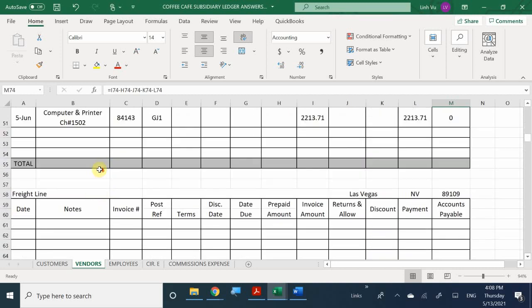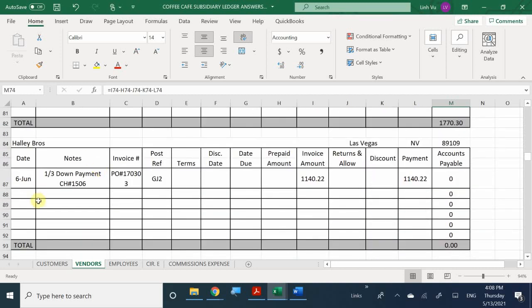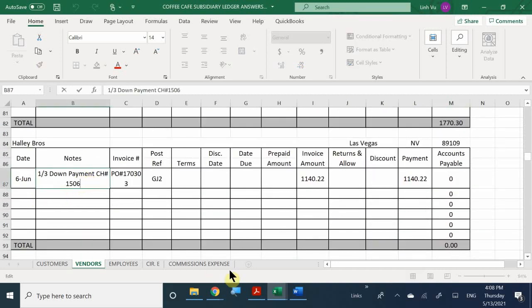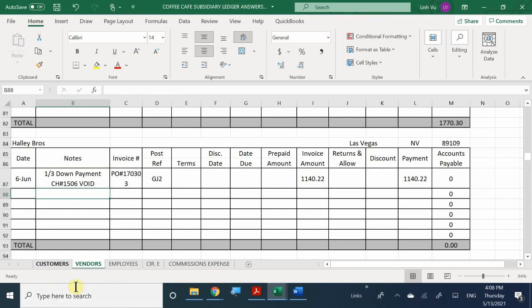Let me see where Haley Bros is. It's right under. So here you could say that you voided the check. As far as entering a new transaction, you don't necessarily need to, because how would you be able to reverse this transaction?